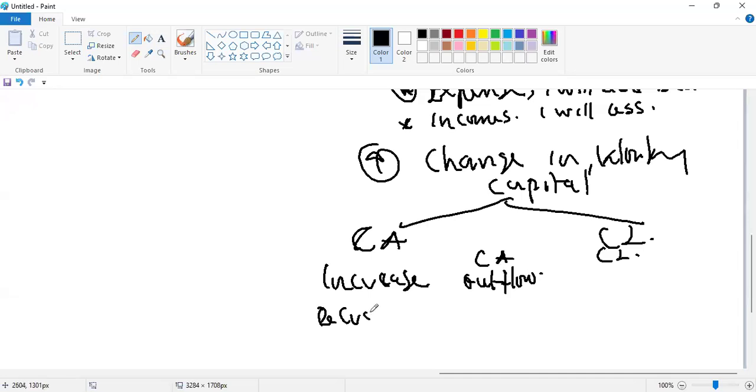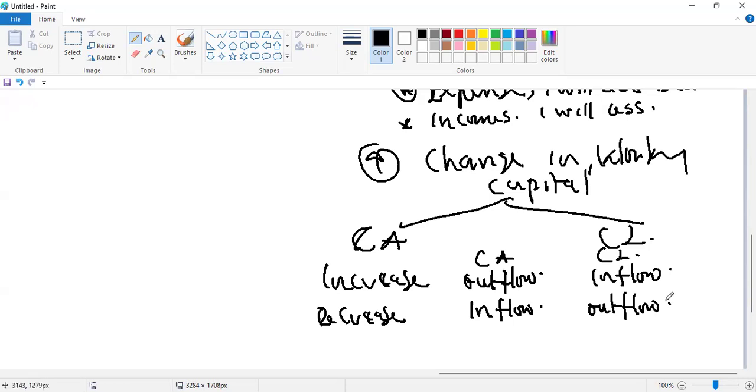While a decrease in current assets will lead to what? Cash inflow. If it is liability, an increase in liability is an inflow, while a decrease in liability, where we are paying, is an outflow.